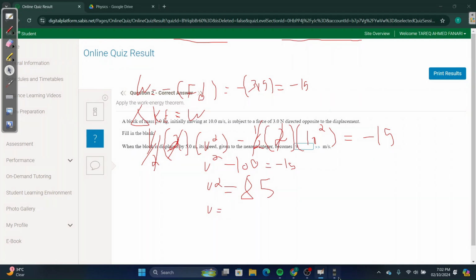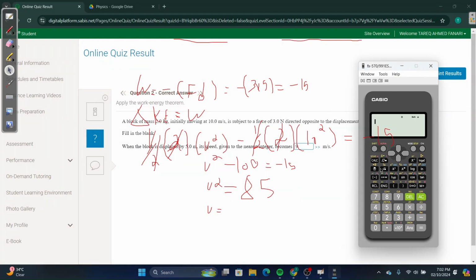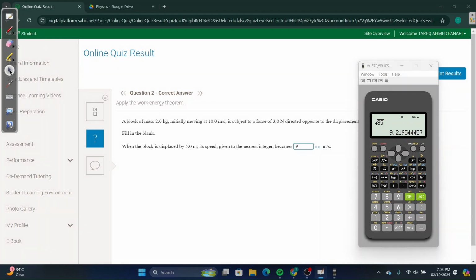Root of 85, the answer is 9.21. So v is equal to 9.21, but they want it to the nearest integer. So you round, and 9.2 is less than 9.5, so you round down. It's going to be 9 meters per second, and that's your answer.